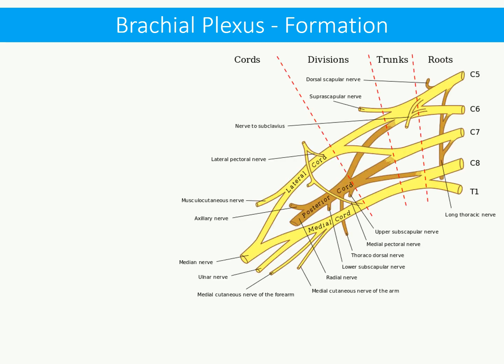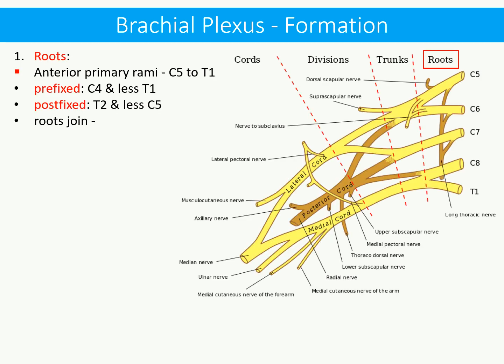Formation of the brachial plexus. It is formed by anterior primary rami of cervical 5 segment to thoracic first segment. The brachial plexus as a whole may drift upward or downward.